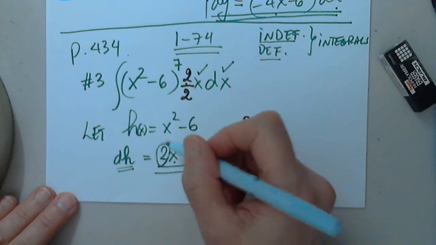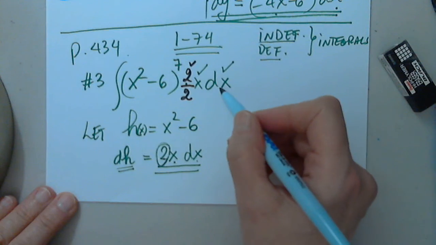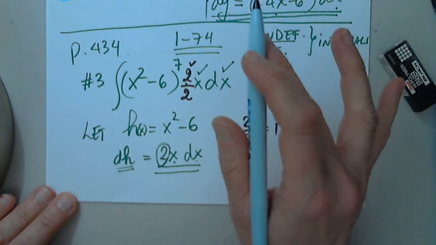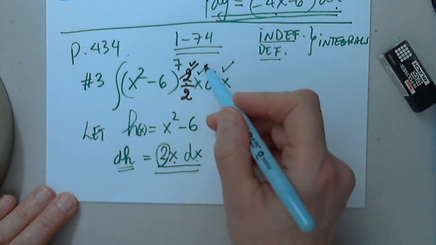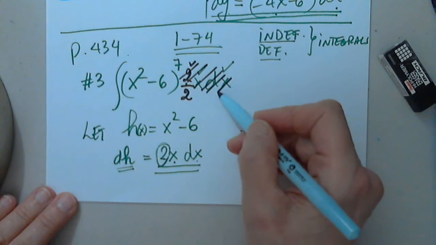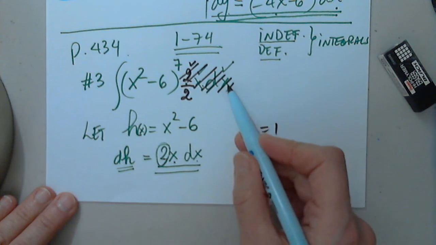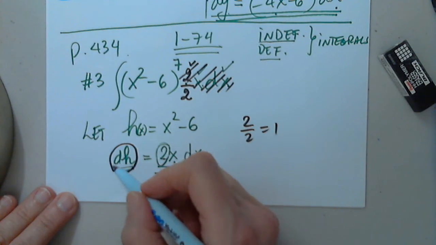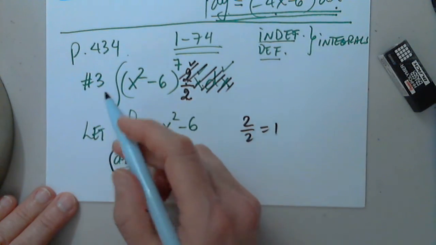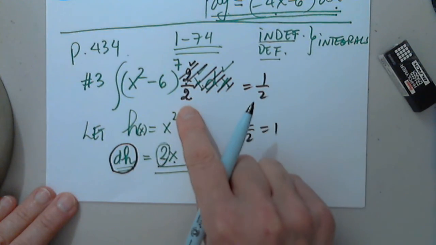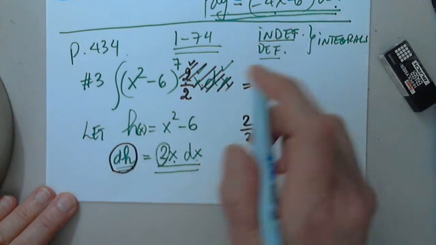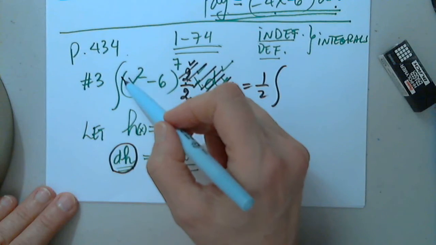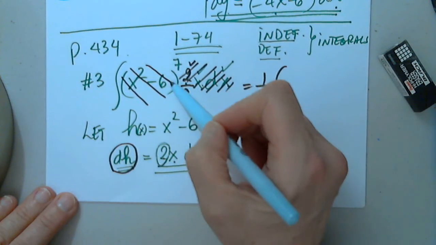However, 2 and x and dx, don't cross it out, but I just want to make a point. All these 3 will be replaced by dh. The 1/2 will go in front, because there is a 1/2 left in here. And please tell me, what do I replace this by?